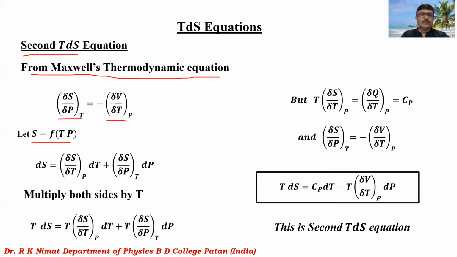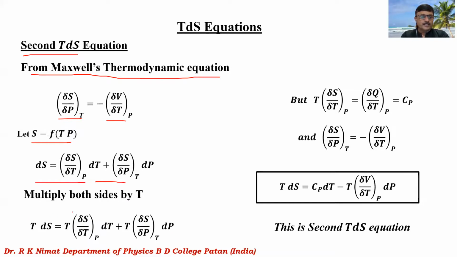Again, since entropy is a perfect differential, we can write dS is equal to delta S by delta T at constant P into dT plus delta S by delta P at constant T into dP. Again, multiplying this equation on both sides by temperature T, we get T dS is equal to T into delta S by delta T at constant P into dT plus T into delta S by delta P at constant T into dP.